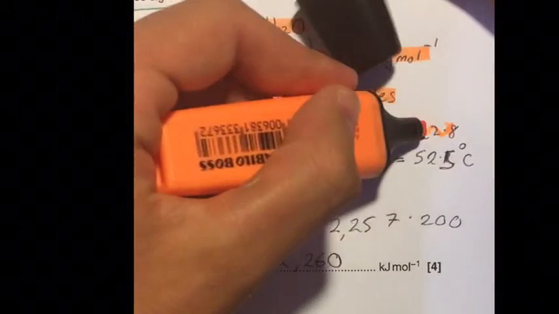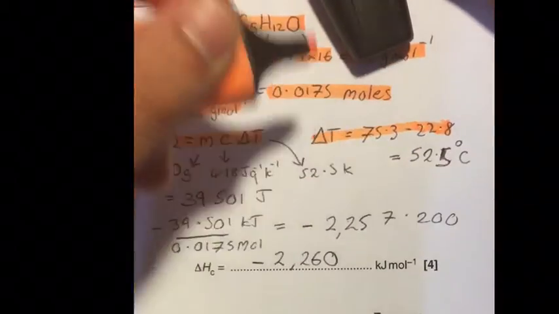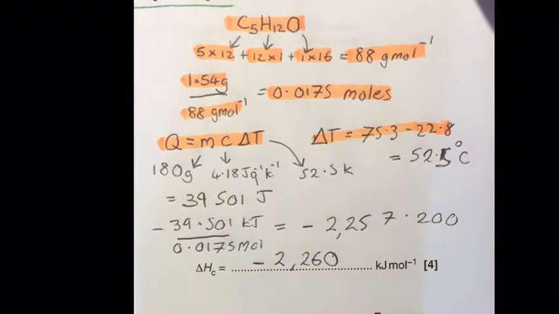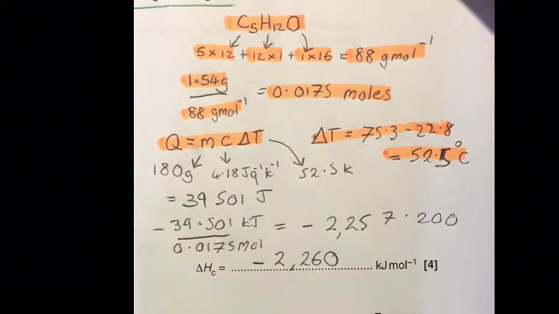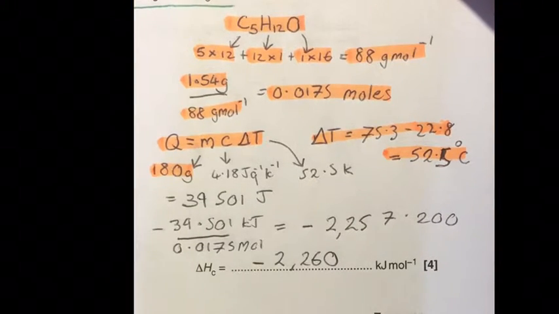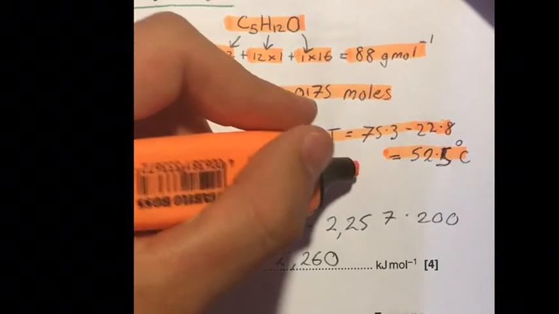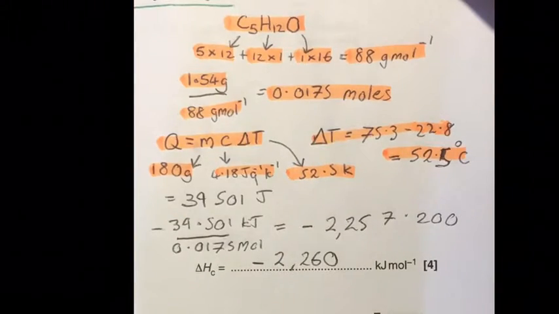Now we're going to use Q equals mc delta T to calculate the heat absorbed by the surroundings. The change in temperature is given here by 75.3 minus 22.8, 52.5 degrees Celsius change. The mass of water is 180 grams, the specific heat capacity is 4.18, and the change in temperature is 52.5.